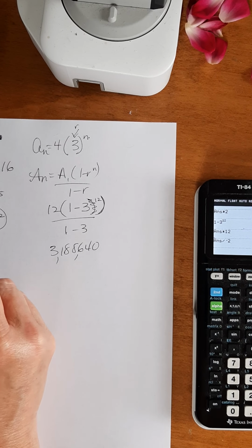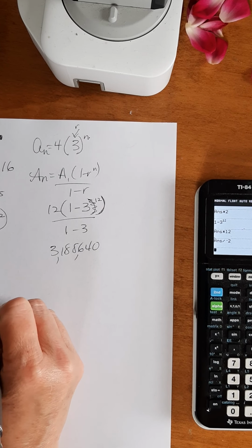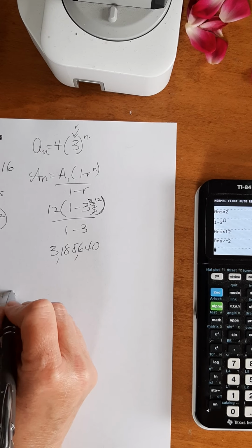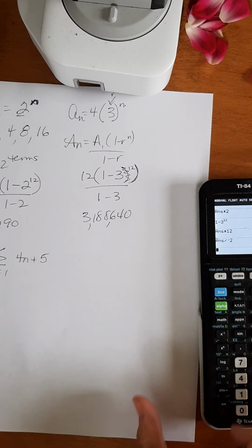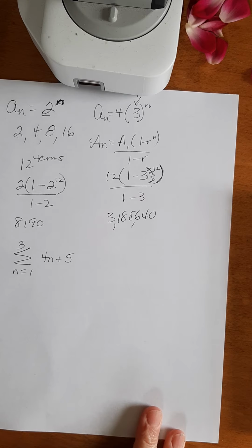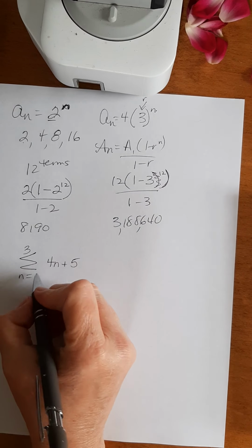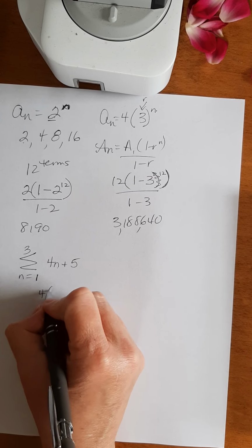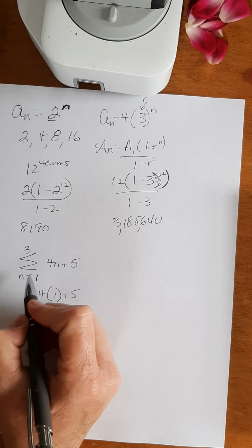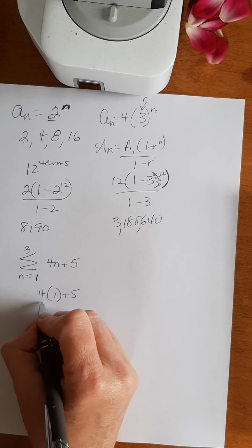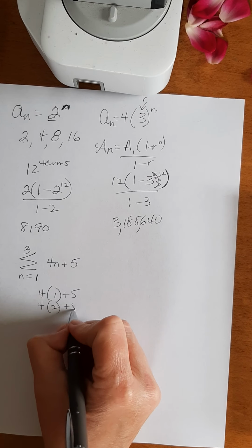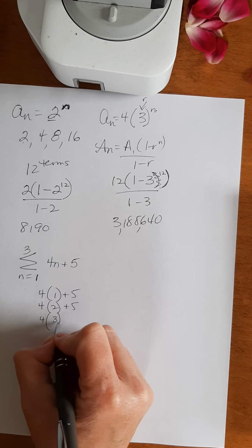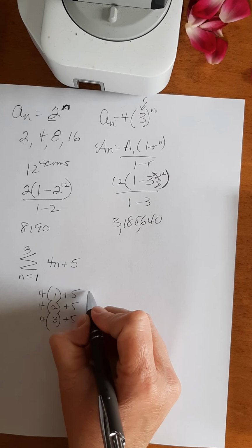Now let's say you had something like this. This is called summation notation, where you start with this number, in this case 1, and then you end at 3. So you're going to plug in 1, you're going to plug in 2, you're going to plug in 3.